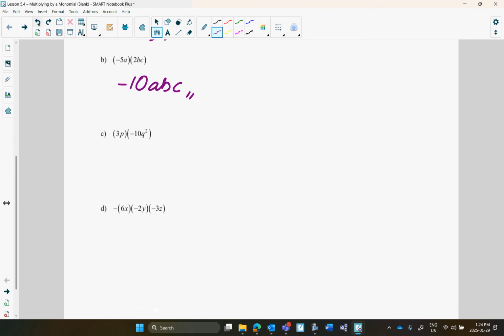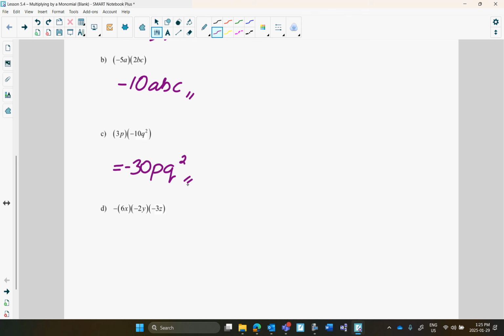How about this one? Negative 3p cubed q squared. Yeah. 3 times negative 10 can go to negative 30, times p cubed, times q squared. So it's pretty straightforward. Last one, watch your negatives, and we're multiplying 3 monomials here.